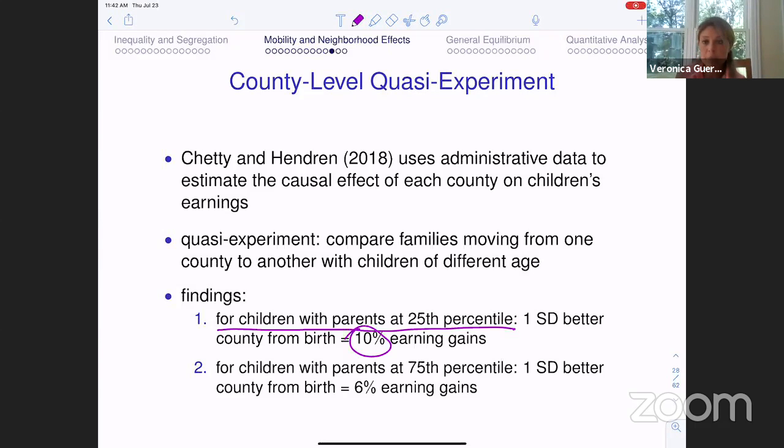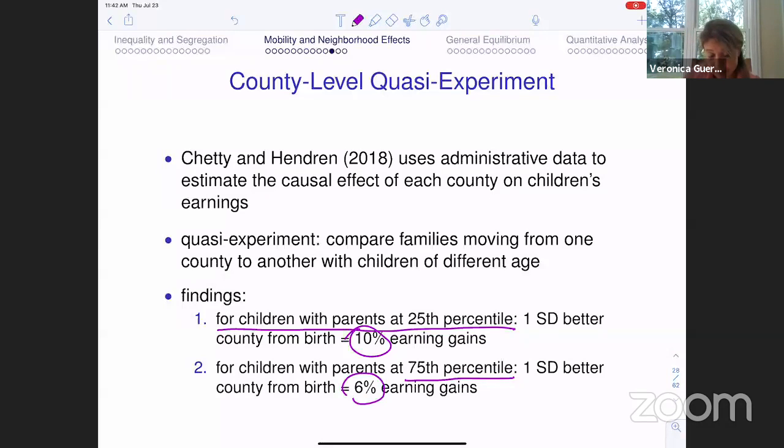And for children with parents at the 75th percentile, so the rich family, you still see an effect, but smaller. Moving to a county 1 standard deviation better from birth will give you a 6% earnings gain.